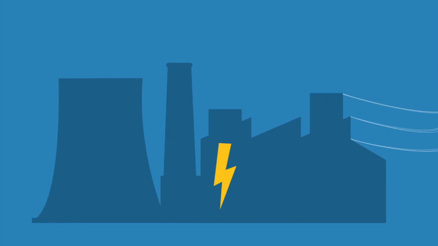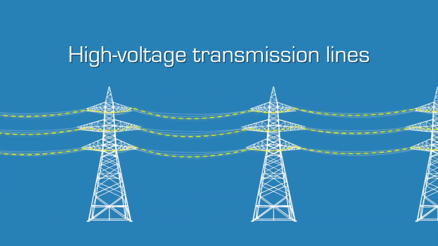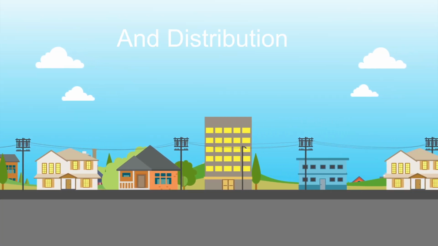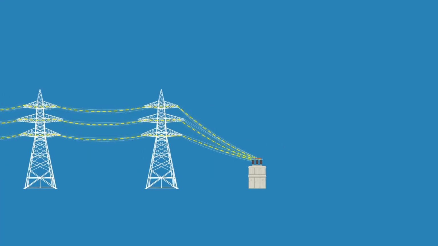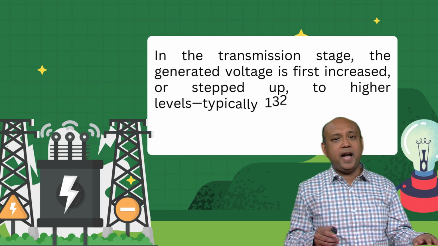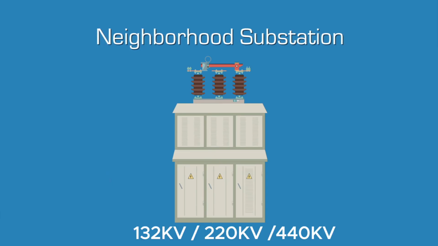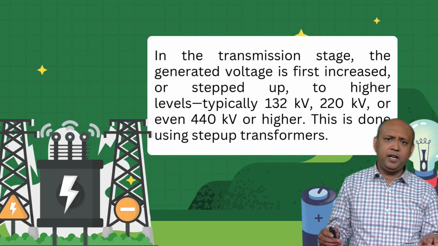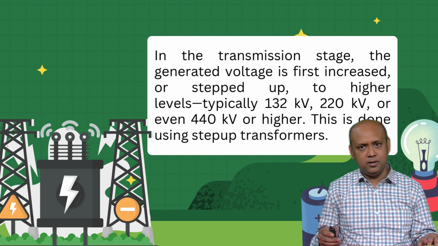To overcome this, power is delivered in two main stages: transmission and distribution. In the transmission stage, the generated voltage is first increased or stepped up to higher levels, typically 132 kV, 220 kV, or even 440 kV or higher. This is done using step-up transformers.